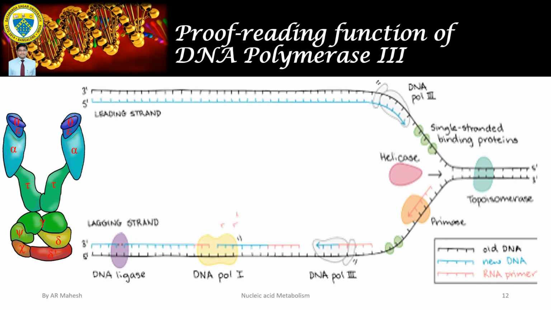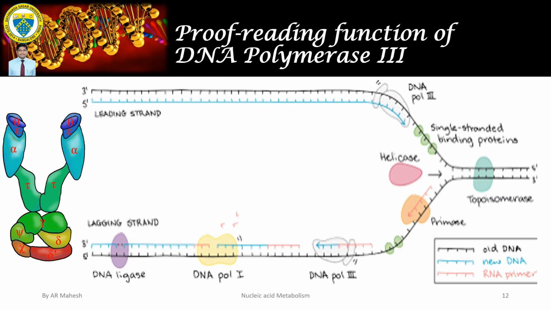Polymerase 3 also has a proofreading activity. It checks the incoming nucleotides and allows only the correctly matched bases, that is complementary bases, to be added to the growing DNA strand. Further, it edits its mistakes.